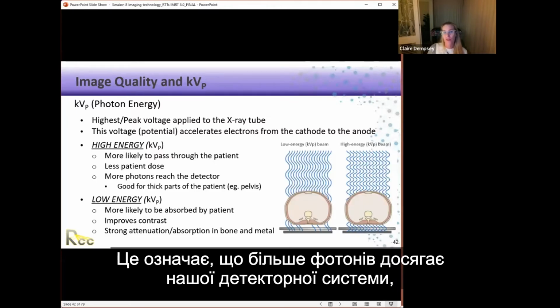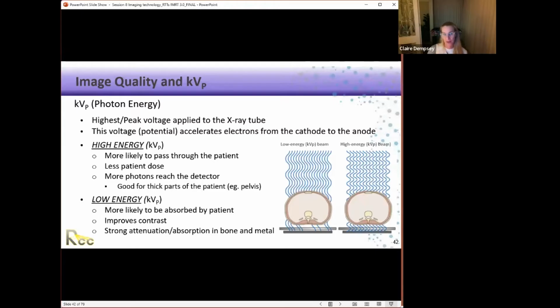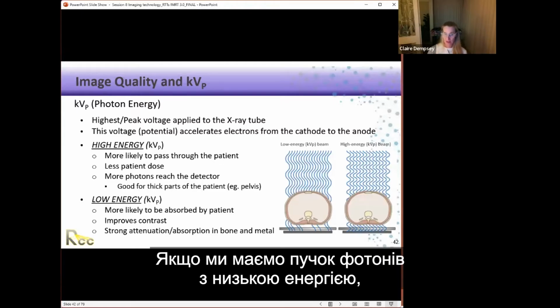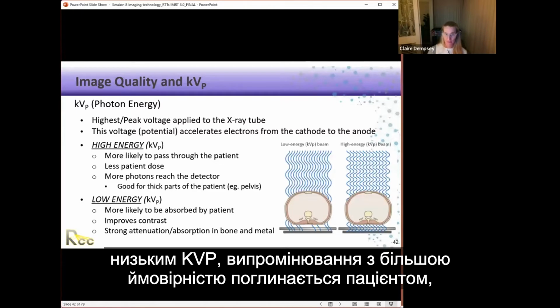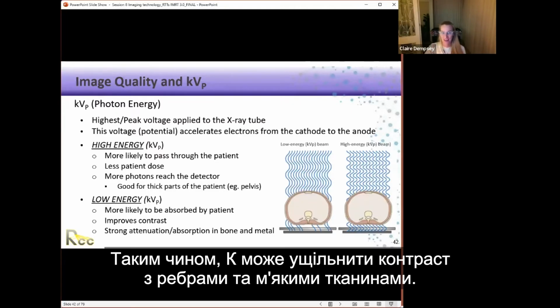This means that more photons reach our detector system, which is really good for thicker parts of the patient, for example, the pelvis. If we have a low energy photon beam, low kVp, the radiation is more likely to be absorbed by the patient, which improves contrast, which is what we saw in that previous slide where we had the kV versus the MV. With the kV, you could see all the contrast with the ribs and the soft tissue.